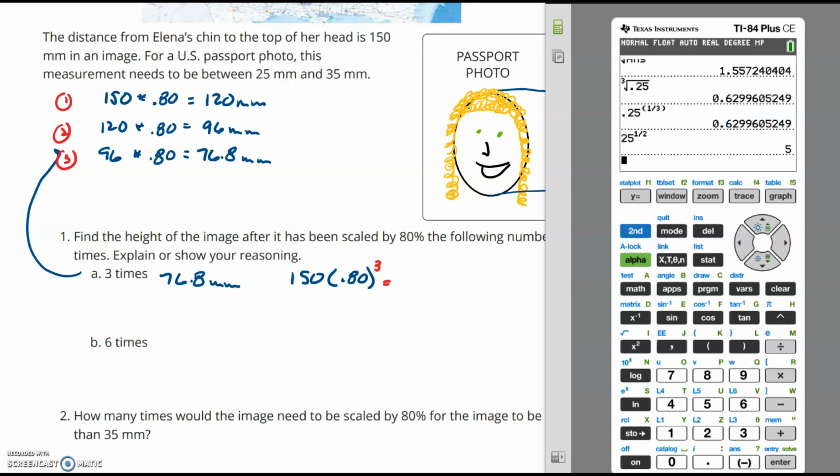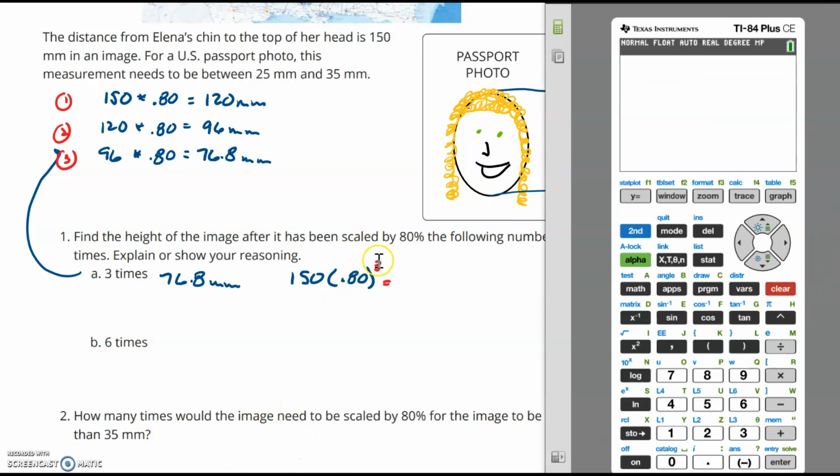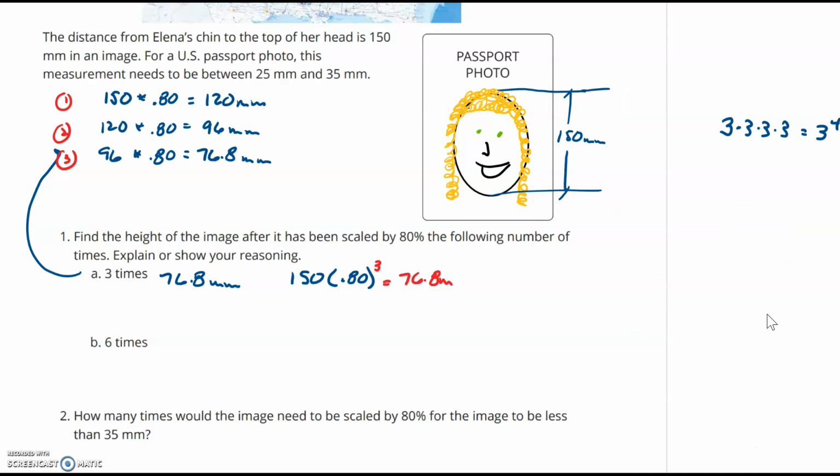Because it makes sense to me that this repeated multiplication could be written as an exponent. So let's see what happens when I take the 150 and I multiply it by the 0.80 3 times. And notice I get the 76.8 millimeters. So what I've just done is I found a quicker way of writing this.